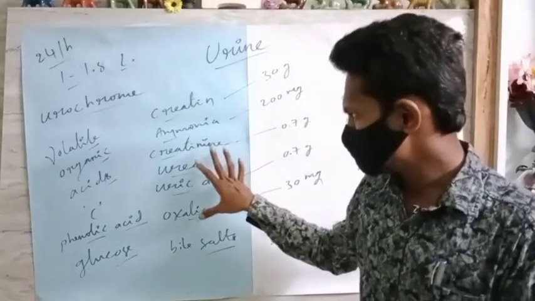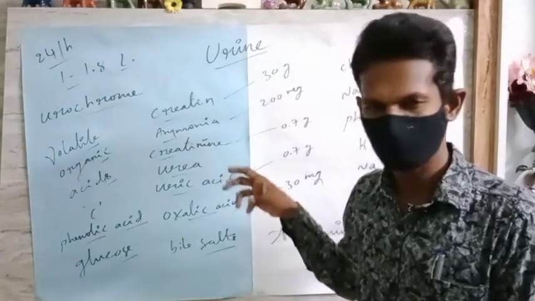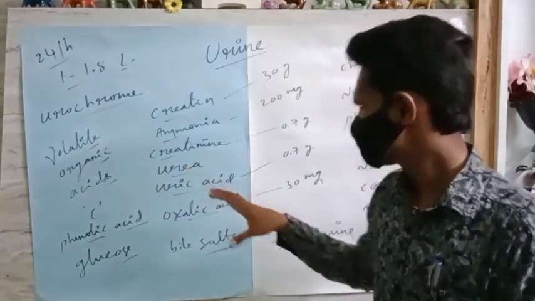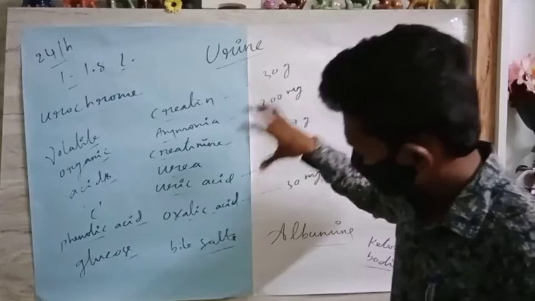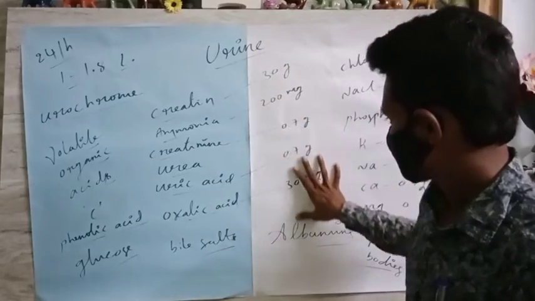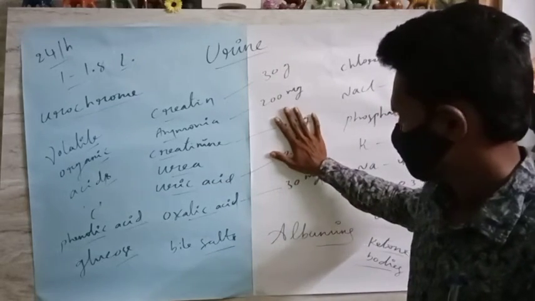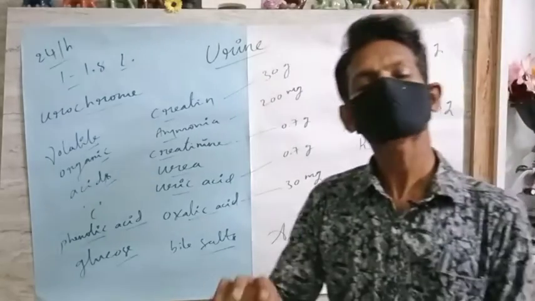So these are the substances in the urine, containing this much percentage, and the urine pH value is slightly acidic.